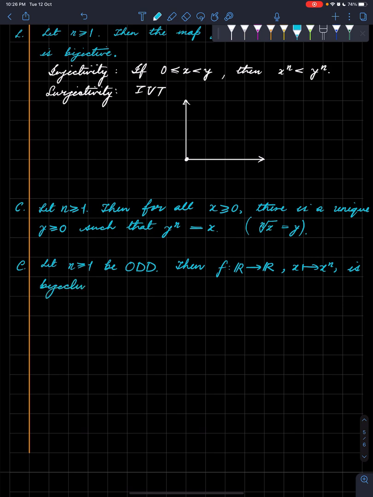So this is an exercise. Clearly this is false if n is even. Even for the square function we see graphs like this. That's not an injective function.